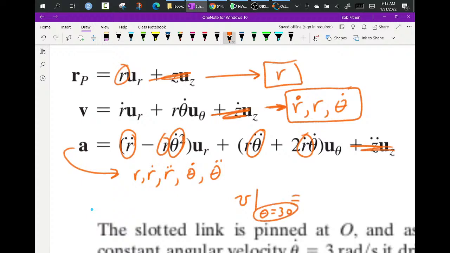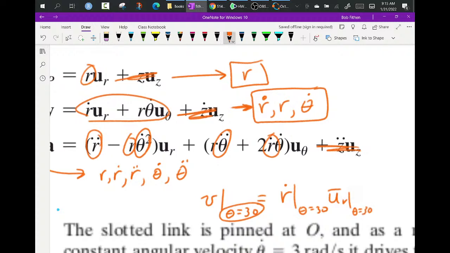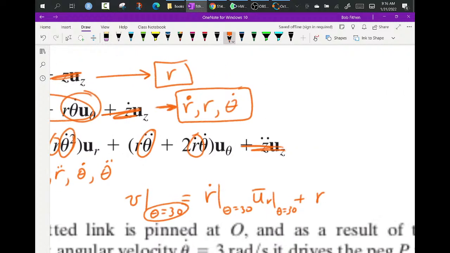You're going to end up with R dot, I'm just copying this down, R dot UR, and technically this should say plus these two terms, R theta dot U theta, at theta equal to 30.